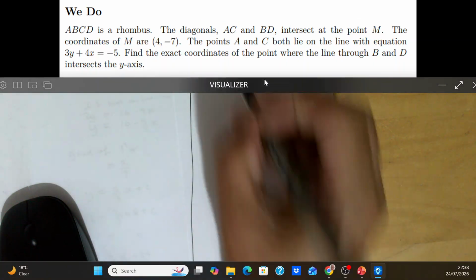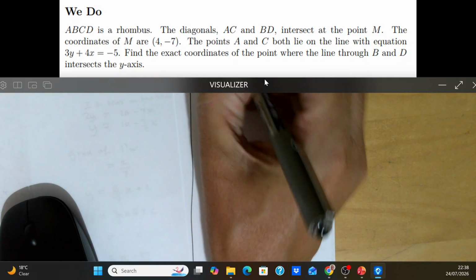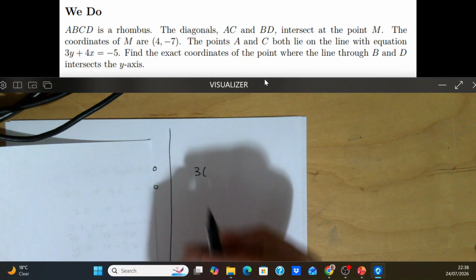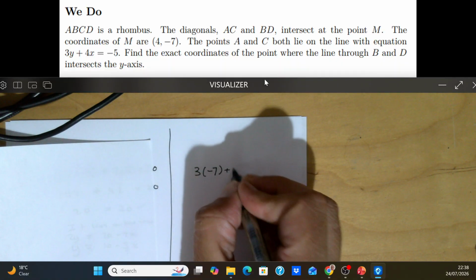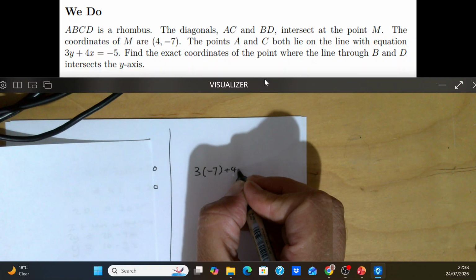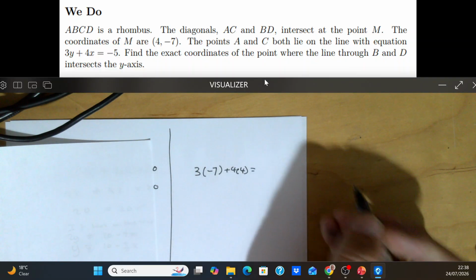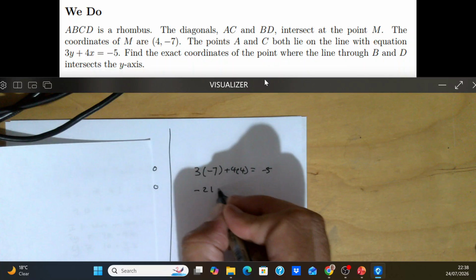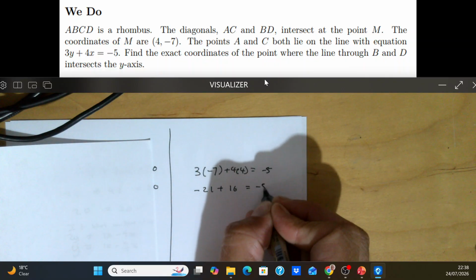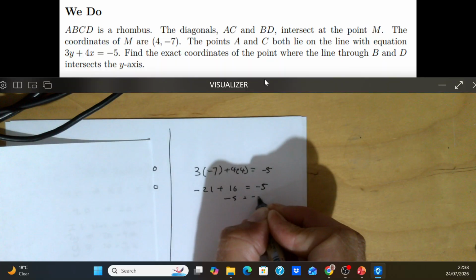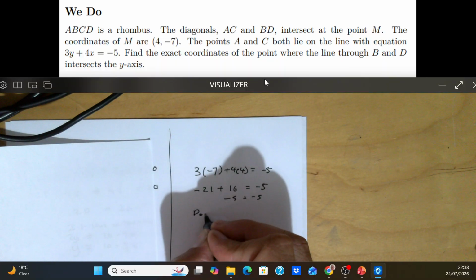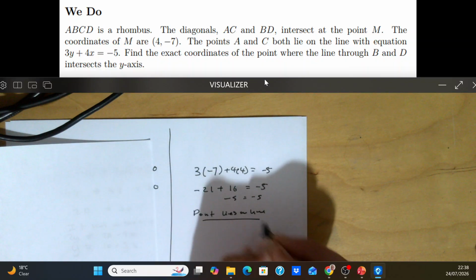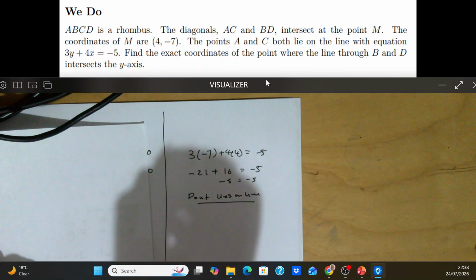So 3 lots of minus 7. I can write point lies on line. So I've confirmed that.